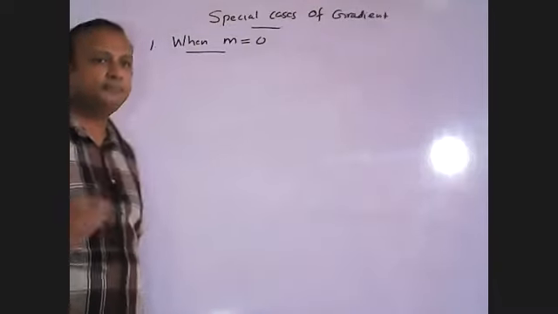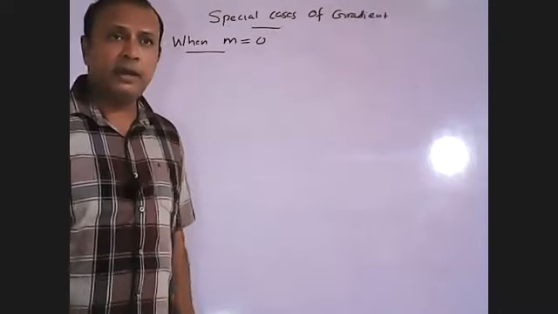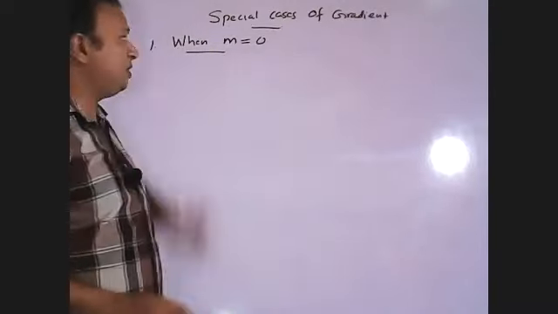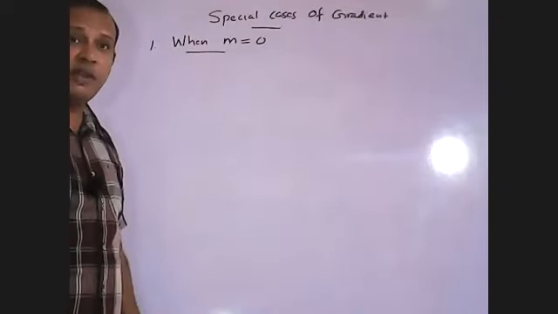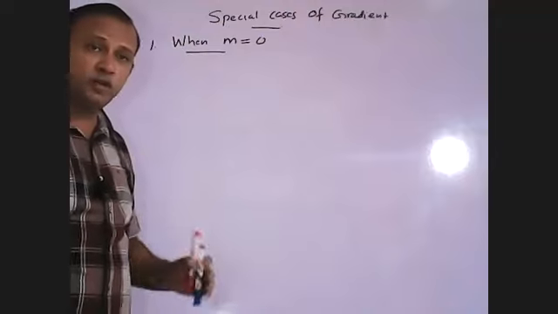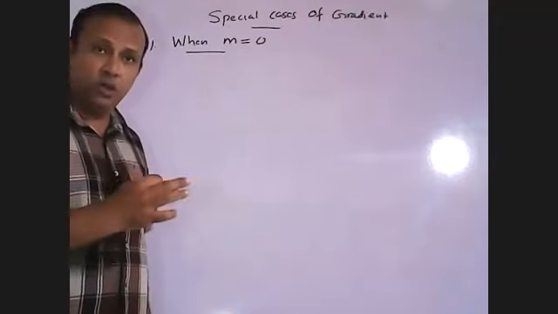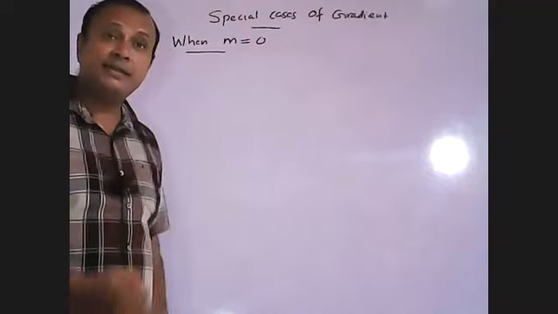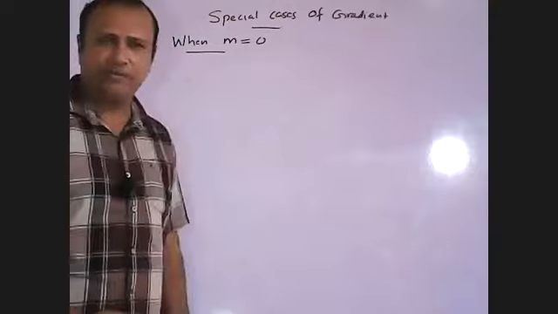Write this again. Write the main topic, special cases of the gradient. Then the first subtopic, when m equals 0. Now we are going to discuss, when the gradient is 0, what will our graph be? What will be the shape of the graph?